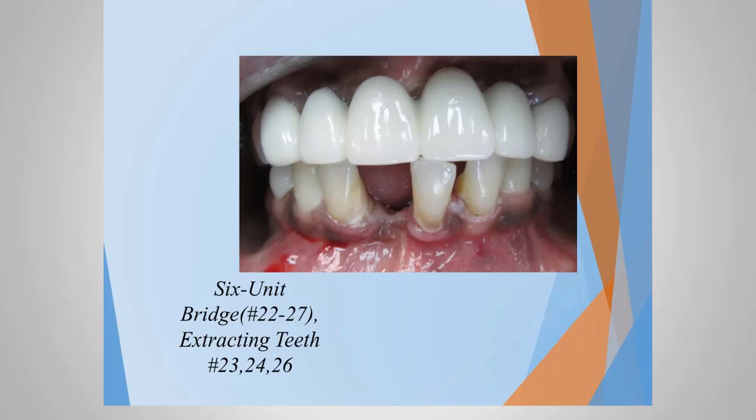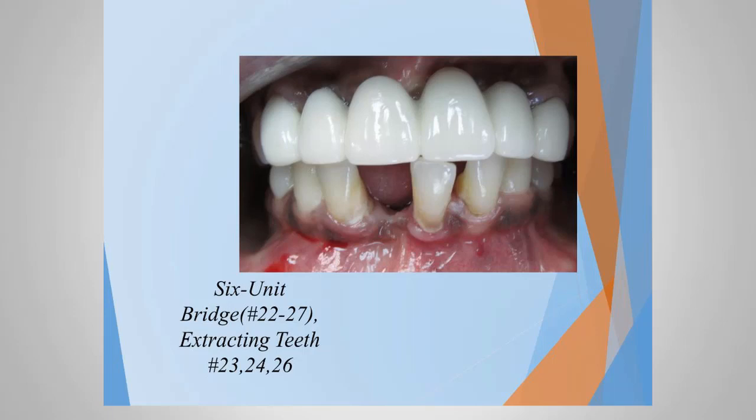In this case, we're using a diagnostic wax-up and the vacuum form to create the matrix for the temporaries. We're going to be extracting teeth number 23, 24, and 26 and doing a 6-unit bridge from 22 to 27.